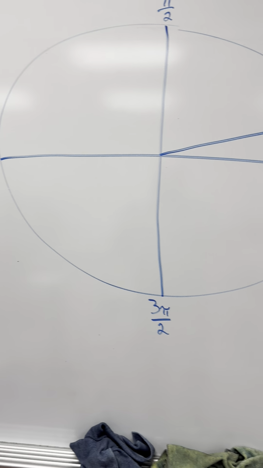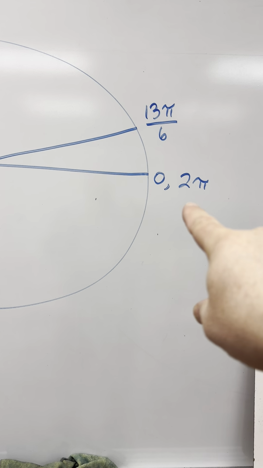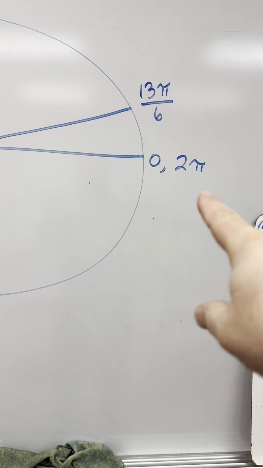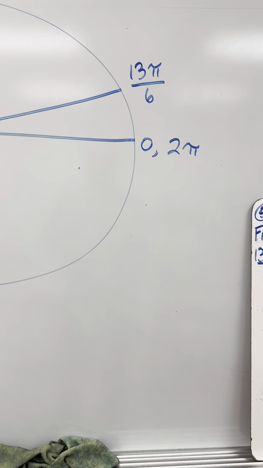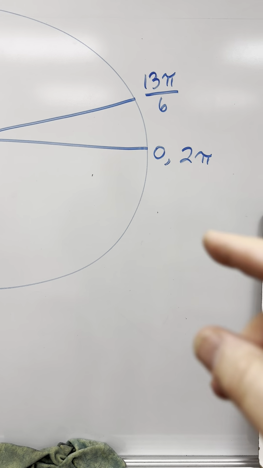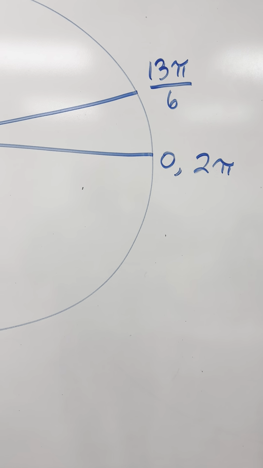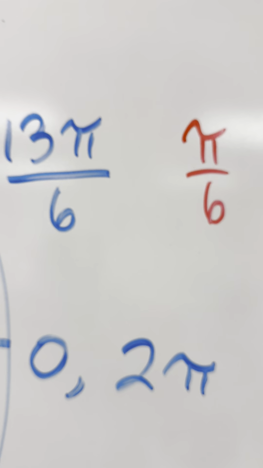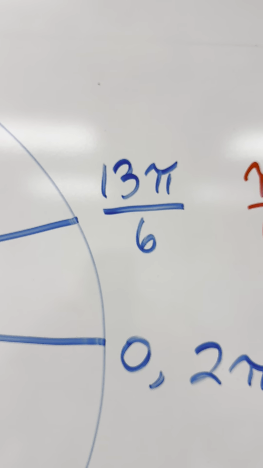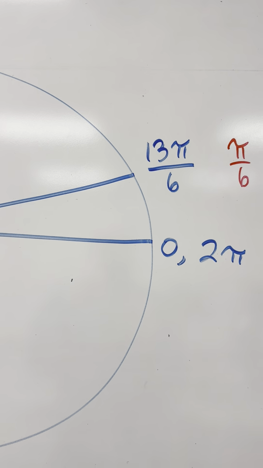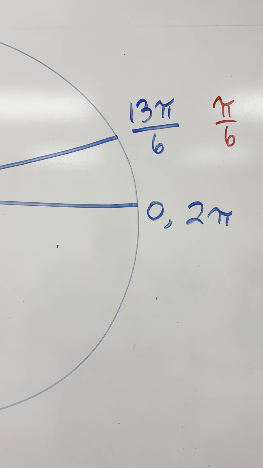And wouldn't this be 12 pi over 6? Because 12 pi over 6 is 2 pi, right? So 12 pi over 6 plus 1 pi over 6 is 13 pi over 6. So wouldn't pi over 6 be the angle that's coterminal with 13 pi over 6, right?